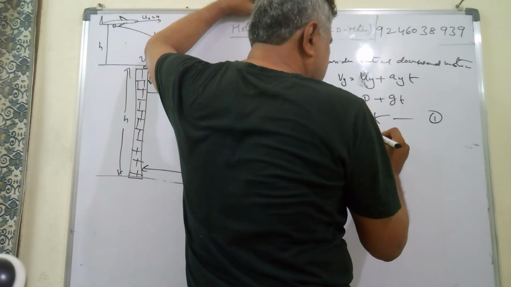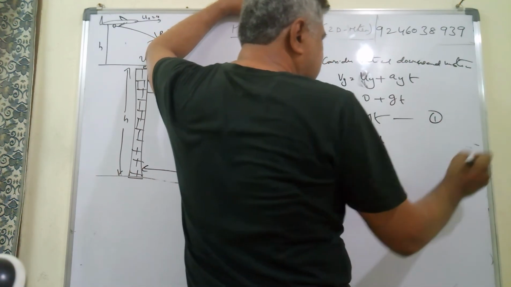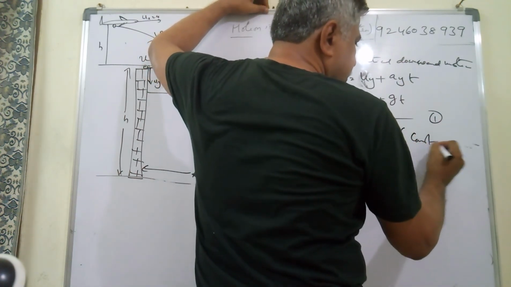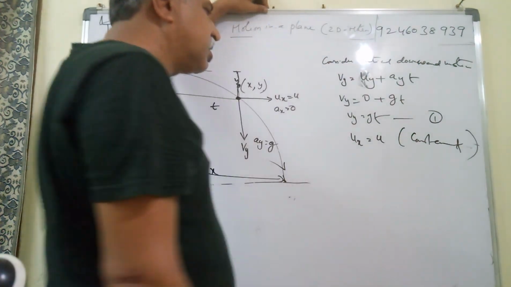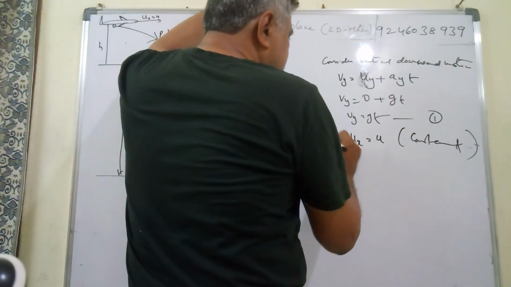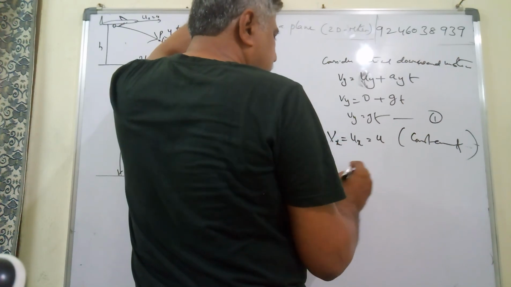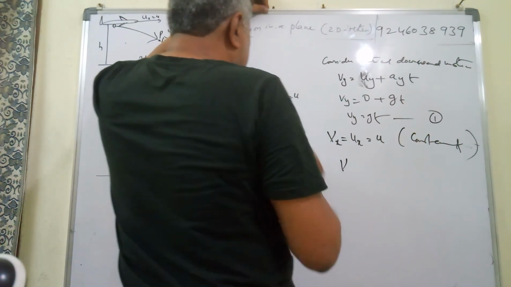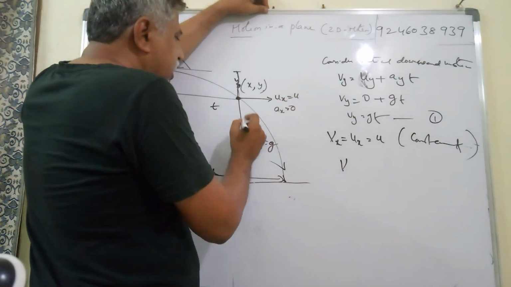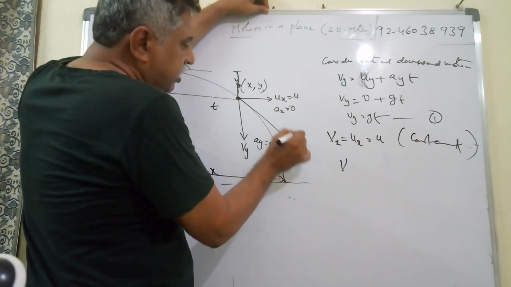Now vx, horizontal motion: it does not change, it is constant, equal to u. Now if we know the horizontal component and vertical component, we can find the velocity v.